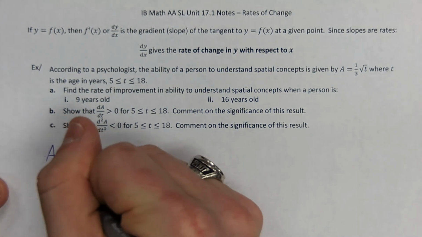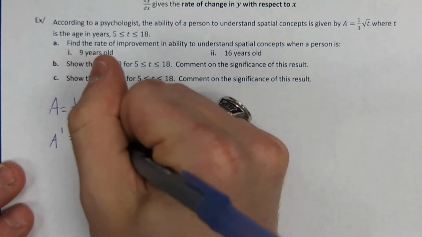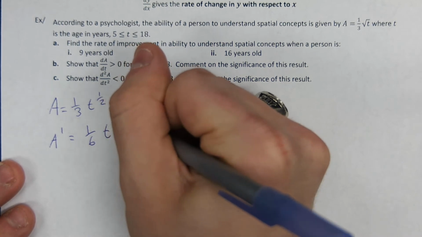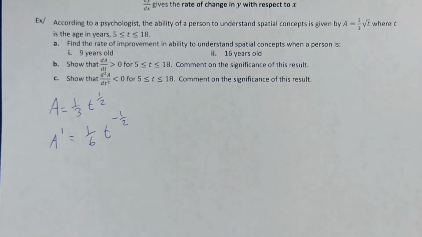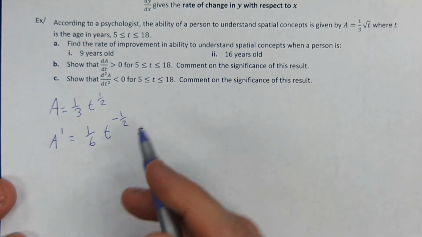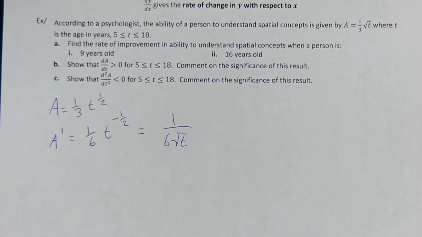So A prime is, drop that 1/2 down, multiply it to the 1/3, 1/6, and then subtract 1 from the 1/2 power, negative 1/2, which cleans up to, because this has a negative exponent, belongs in the bottom of the fraction, 1/(6 root t). There. That is the function that will give us the rate of improvement in abilities.